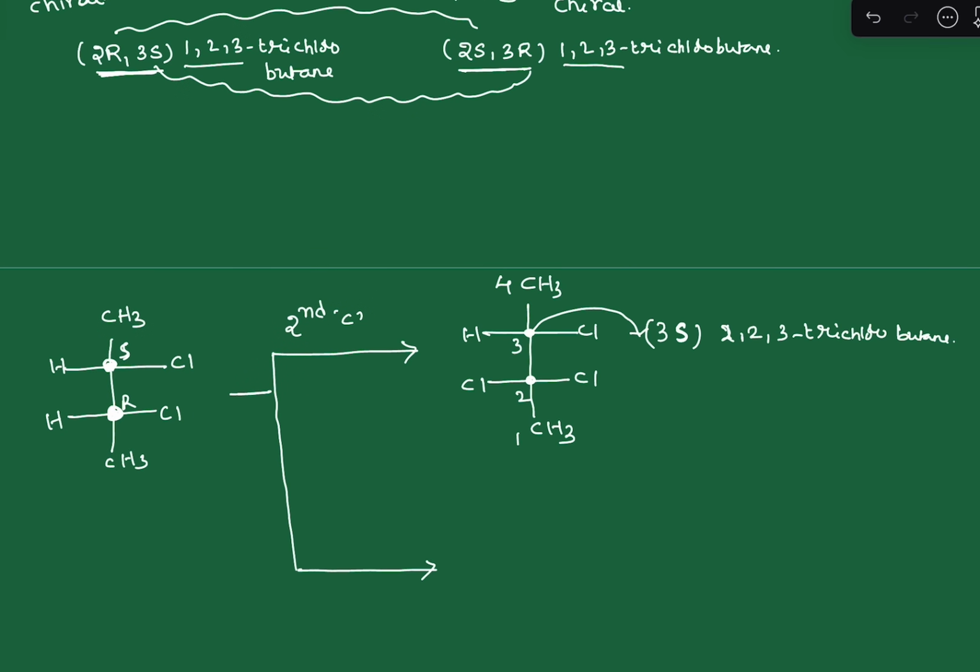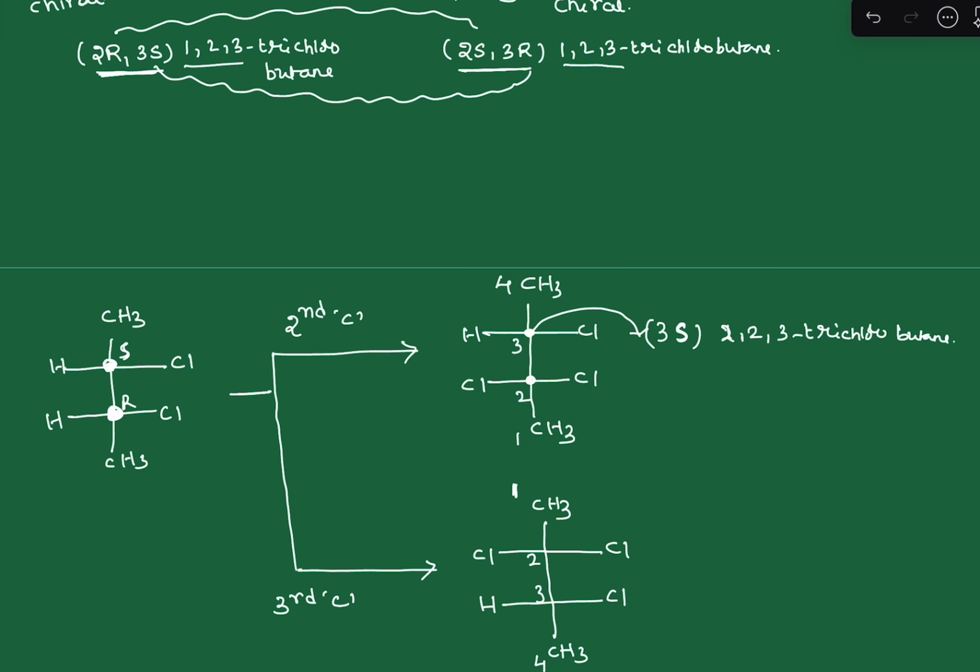If you see the substitution at the third carbon, the product will become like this. So this is chlorine, this is chlorine, CH3, chlorine, hydrogen, and CH3, least locant rule. So the numbering will be like this.